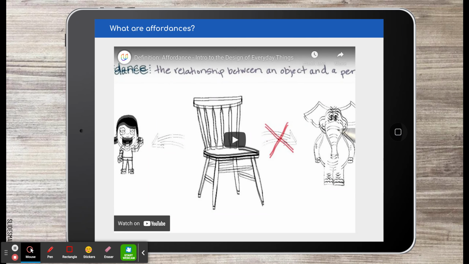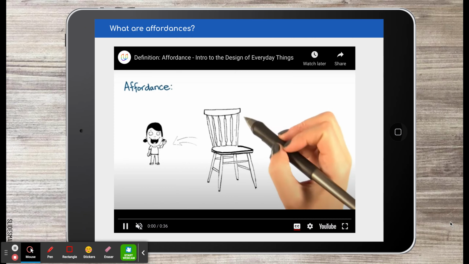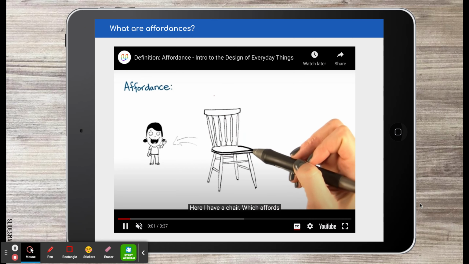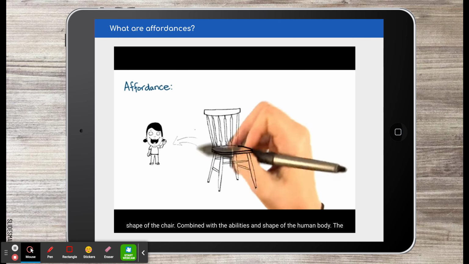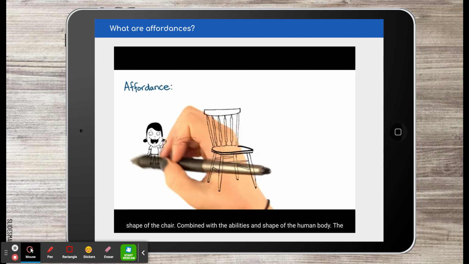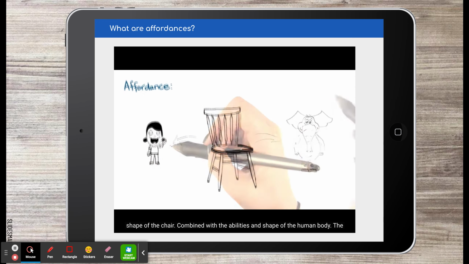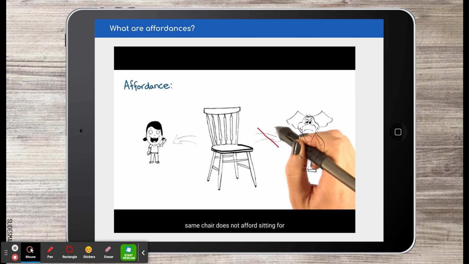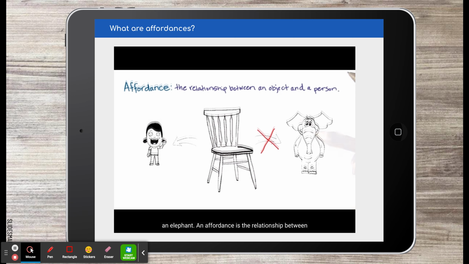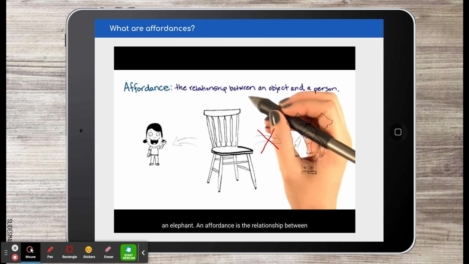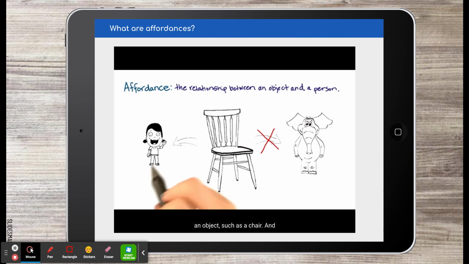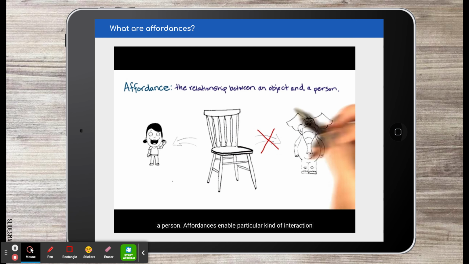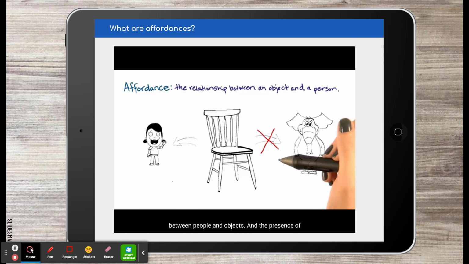So, the very first thing is, what are affordances? Affordances are a relationship between a person and an object. In this video, it gives you an idea of the relationship between an object and a person, the object being the chair and the person being the little girl. The little girl is afforded the opportunity to sit on this chair.